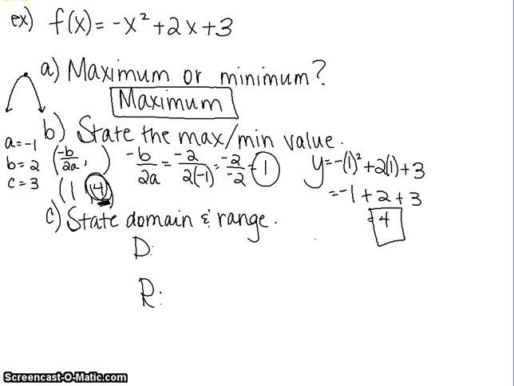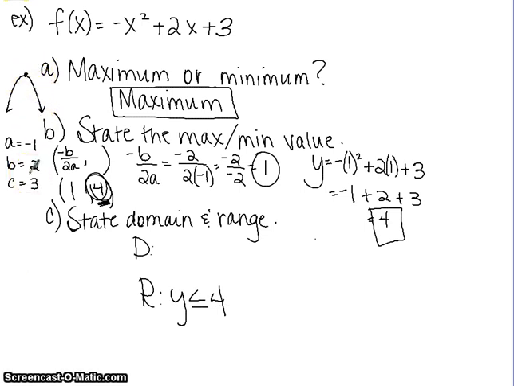Let's do the range first, since I already told you about that one. So the range from the previous page, if you look at your notes, if it's a maximum value, which we have here, the range is going to be y less than or equal to whatever that max is. Well, we just said that that max is 4. So the range is y less than or equal to 4. So that means, if this was 4 here, it's going to be all the y's that are down here.